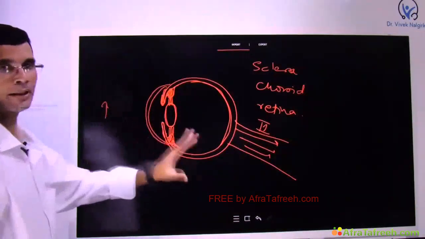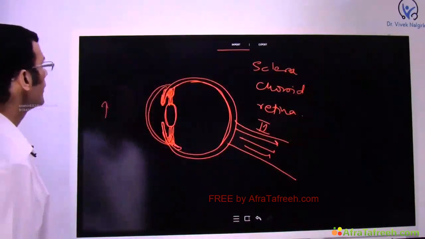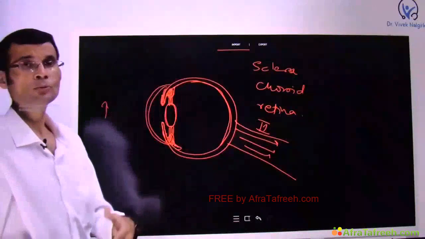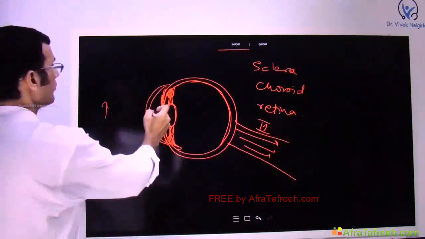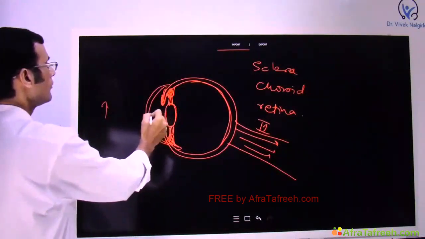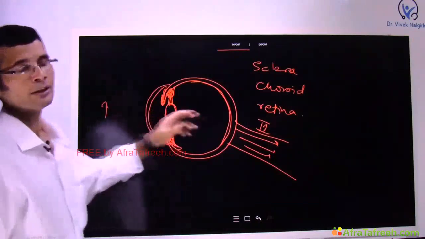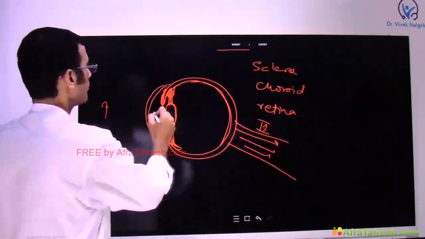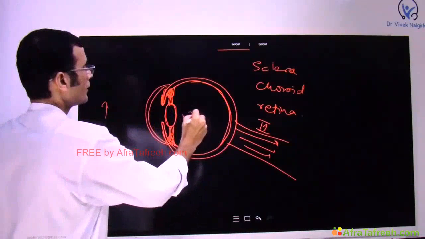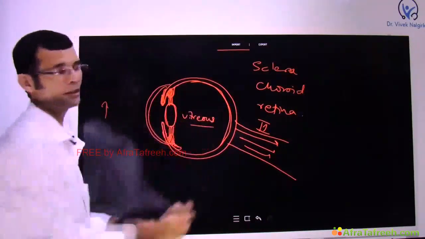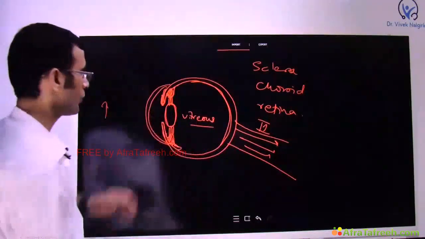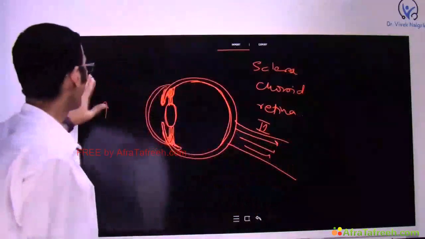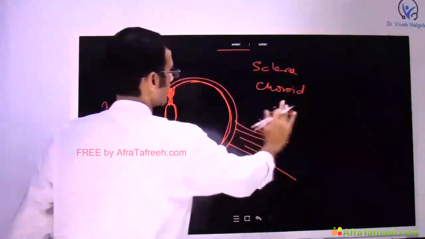That's in summary the structure of the eyeball. There are two media as well: the aqueous humor in front of the lens, and behind the lens, the jelly-like vitreous humor or vitreous body.